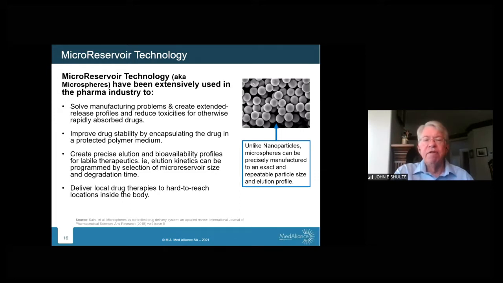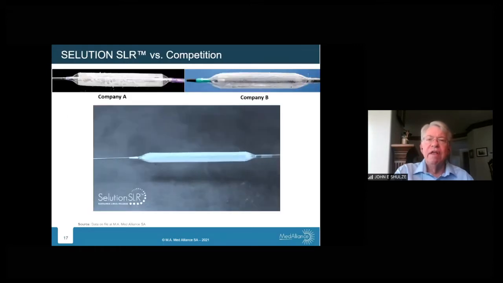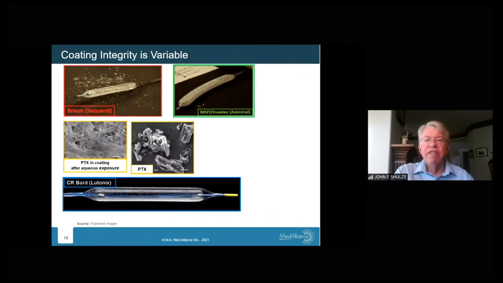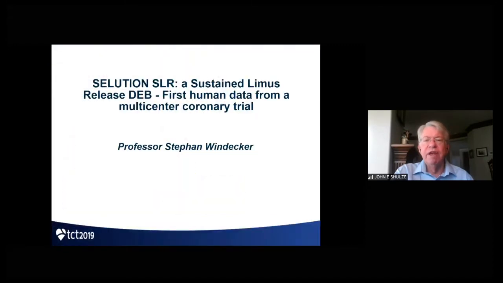And it's often used with highly toxic drugs that need to be released slowly. So microreservoir technology, as we've now first applied in drug-coated balloons, is not a new science. It's actually been well established in other applications. And I'm going to just move on and say that I think the coating technology that we're using is better, and I think more companies will be moving to these lipid-based coatings.